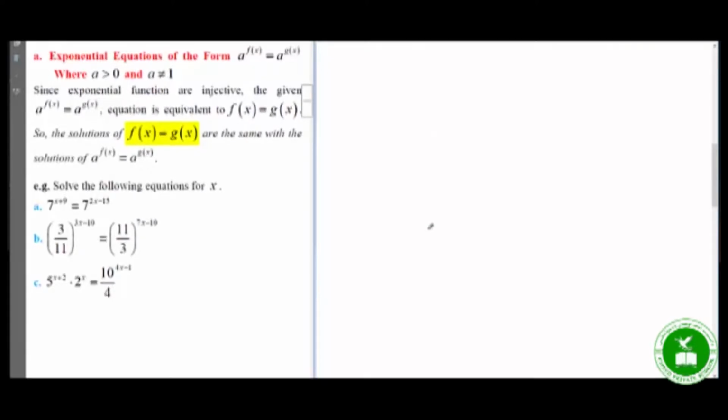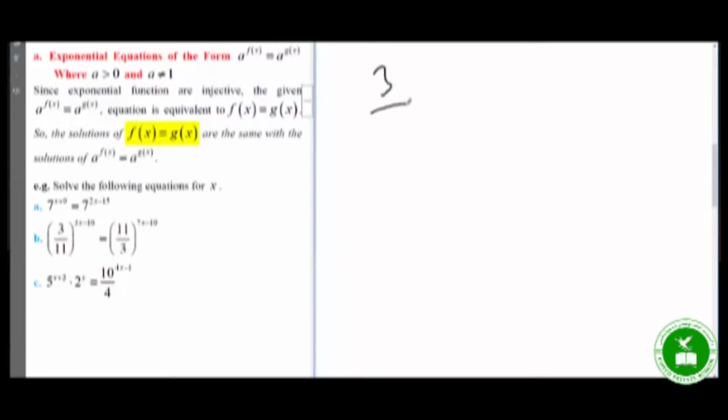Next one, 3 over 11 to the power of 3x minus 10 is equal to 11 over 3 to the power of 7x minus 11. Here, the bases appear unequal to each other, but we can equalize these two bases.